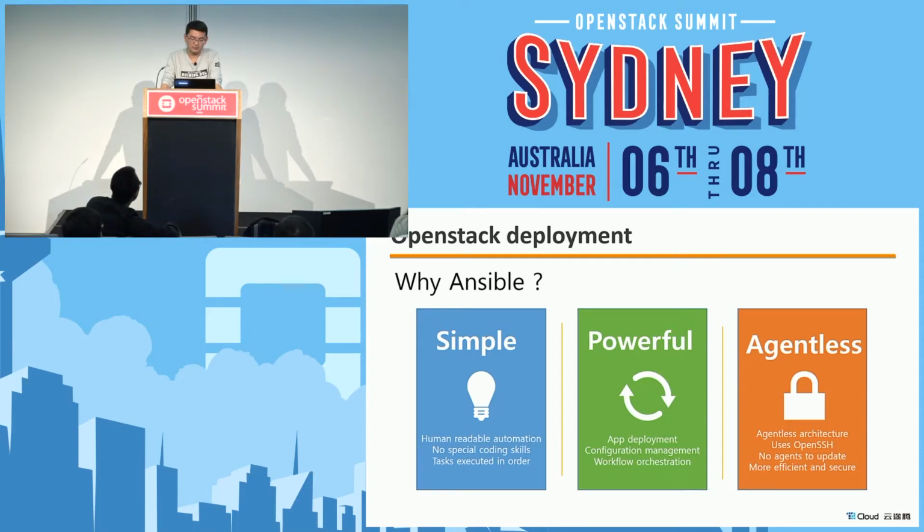Playbooks are human and machine readable, so no special coding skills are required. Even when one doesn't know what Ansible is, he can likely read a playbook and understand what's happening. This simplicity means you can start using Ansible to do real work with it in just minutes.